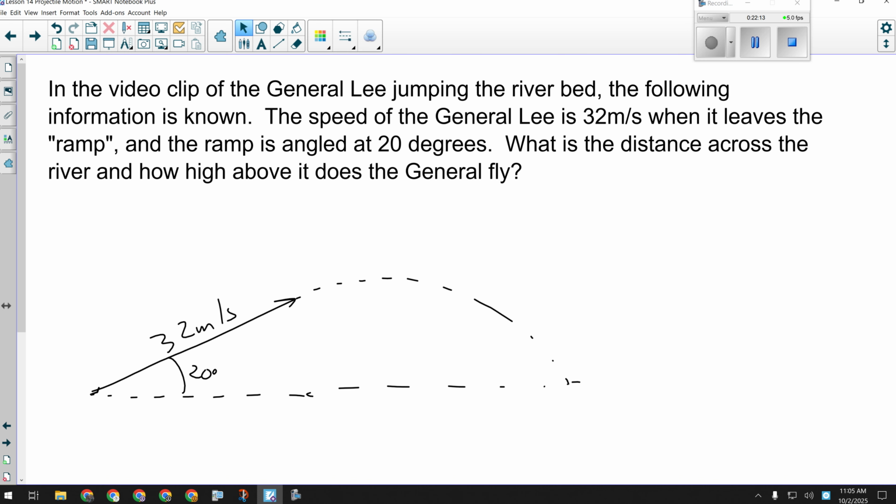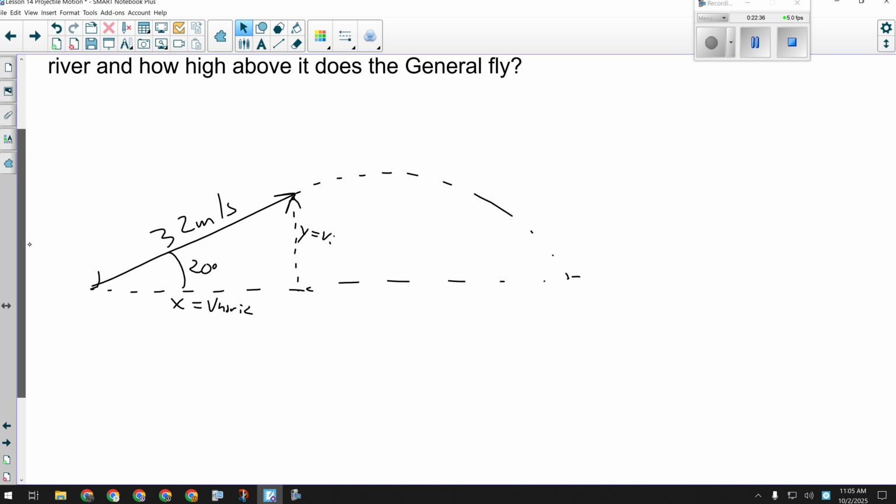That's important, because that means VI and VF are the same number. We know this side here, the Y component, is the initial vertical velocity, and the X component is the horizontal component of that velocity. What we want to do is break this up into vertical and horizontal parts.